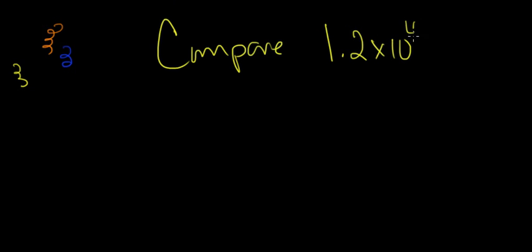We're going to compare 1.2 times 10 to the fourth. We're going to compare that to 2.1 times 10 to the third. Okay, greater than, equal to, or less than. How would we do that?